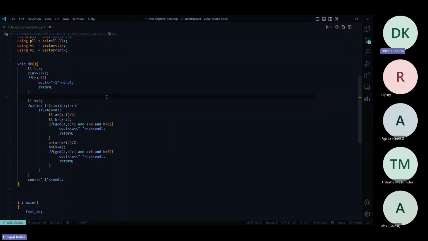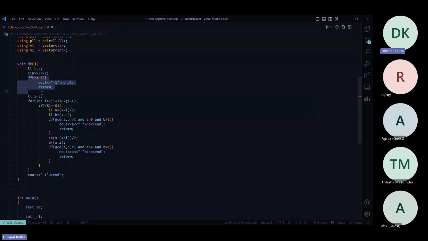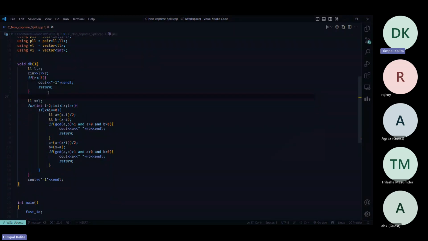Okay, let me explain. The first condition is: if R is less than or equal to 3, then the answer is -1, because I cannot achieve two numbers with the required GCD condition. If I have R equal to 2, the maximum answer can be A equal to B equal to 1.